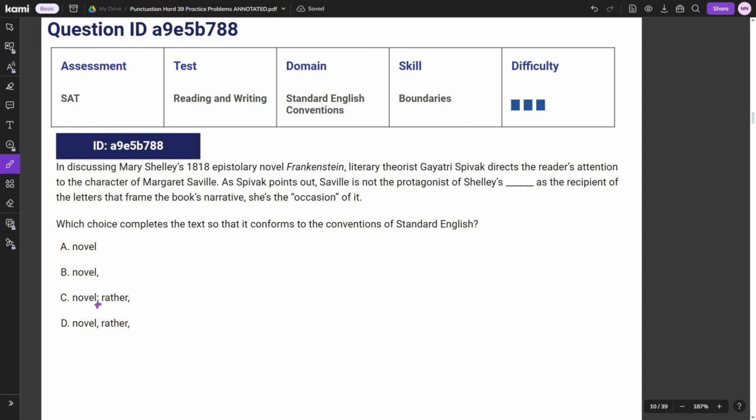And we can do that by looking at both sides of the blank. We're going to look before the blank and check if that's a complete sentence, and then look after the blank and check if this is a complete sentence. So let's go ahead and look for our nouns and our verbs. Sable, this person, that's going to be our noun, and then is going to be our verb. And then if we look after our blank, she, that is going to be our noun, and now our verb is a little hidden.